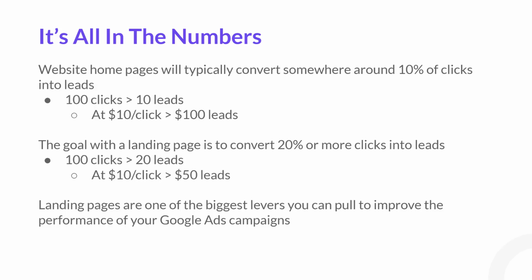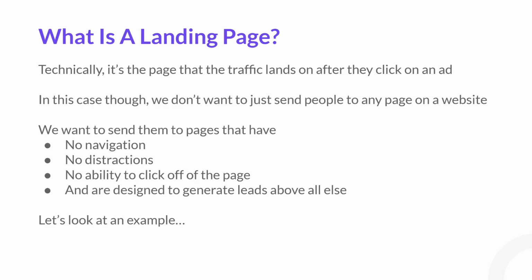So landing pages are really one of the biggest levers you can pull to improve the performance of your Google Ads campaigns. You can tweak all the settings you want. You can get all the keywords and test all this different stuff within your Google Ads account. But at the end of the day, usually one of the biggest things that will make or break a campaign is where you are sending your traffic. So in a second, I'll show you that demo landing page that I put together.